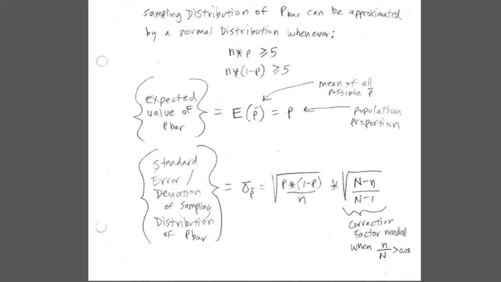Now, we talked about the sampling distribution of Pbar in Chapter 7, but we actually didn't go through the whole process of constructing a sampling distribution of Pbar. In this video, we're going to do that. Now, all we said back in Chapter 7 was, hey, the expected value of Pbar.